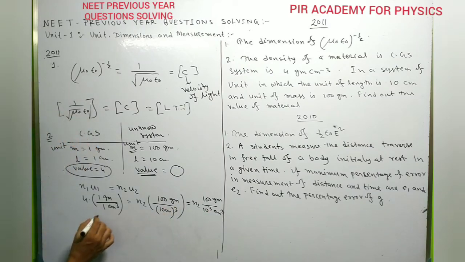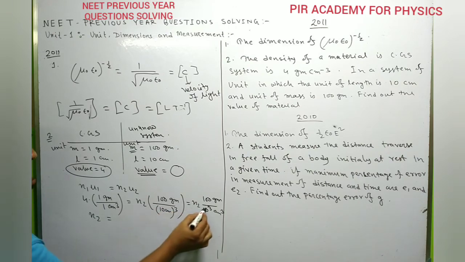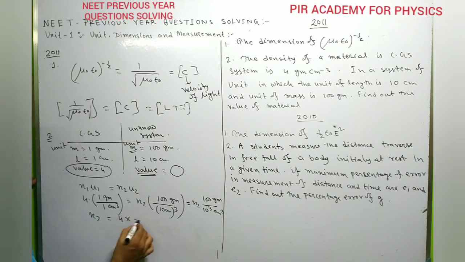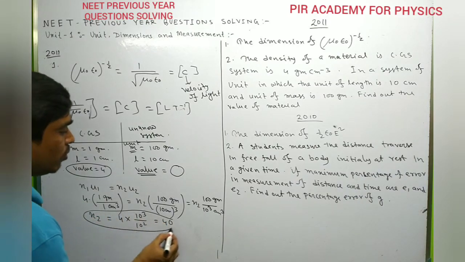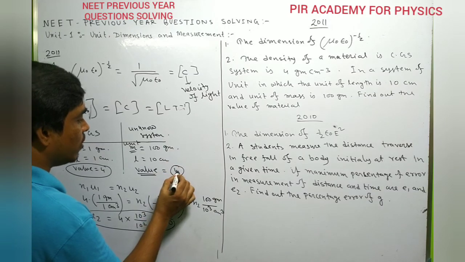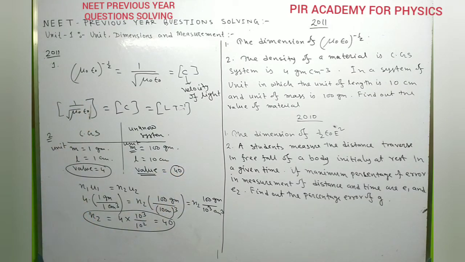So what will be the value of n2? The value of n2 will be 4 into 10 to the power 3 divided by 10 to the power 2, so it will be 40. So the value of the material in the unknown unit system will be 40. In this way you can calculate any other problem.